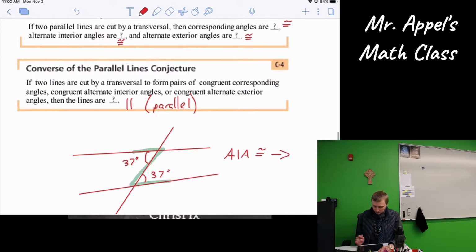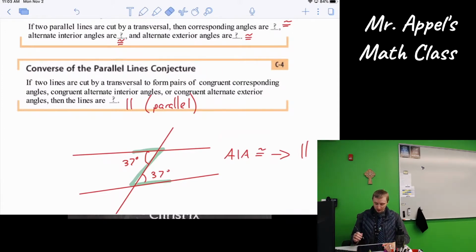Therefore, the lines must be parallel. Okay? That's the thought process there. I can use that to prove that they have to be parallel. And if we know they're parallel, I can use that to prove that these two angles must be congruent. That's pretty neat, huh? You can work both directions there. We'll play more with that tomorrow, as well as bring in the final relationship.